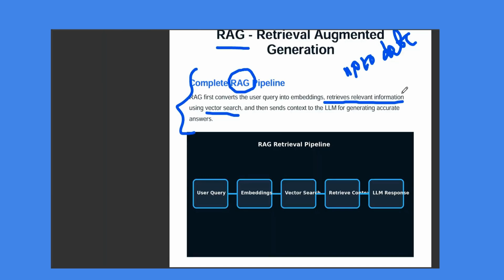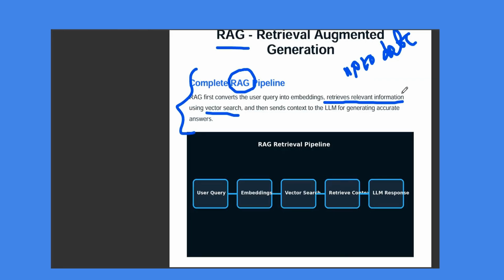So, instead of retraining the entire model, what if the AI could simply search relevant company documents before answering? Is that a good idea? Right? That exact idea is what RAG solves.